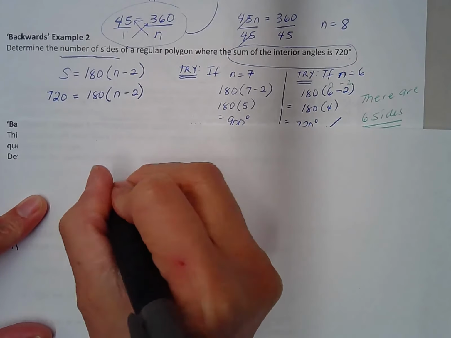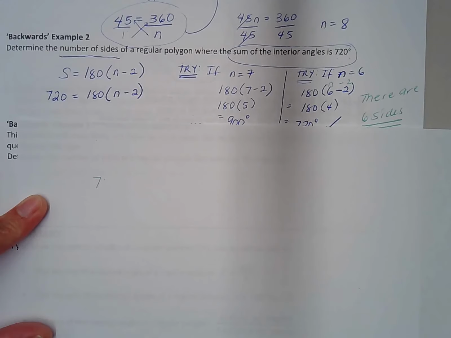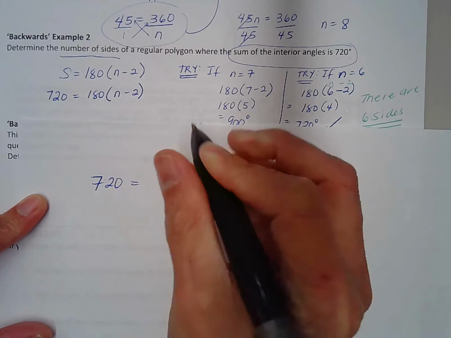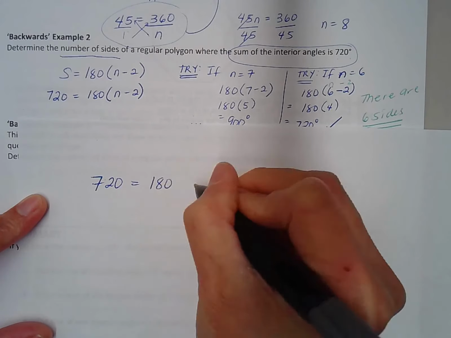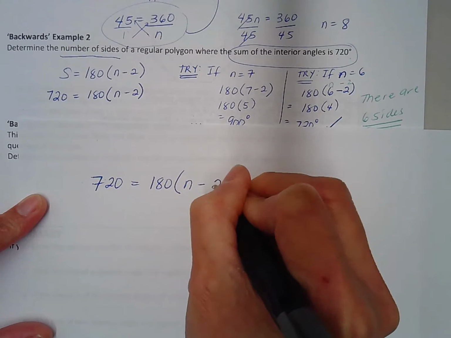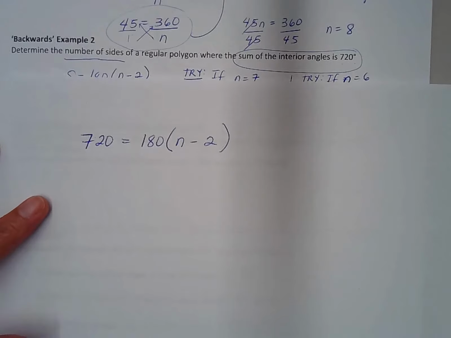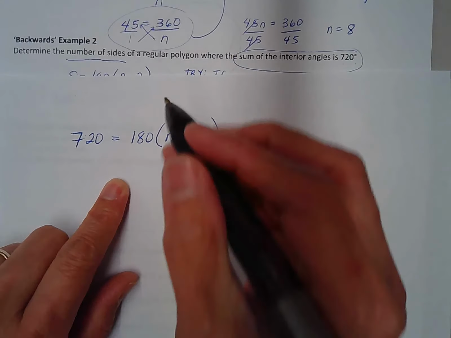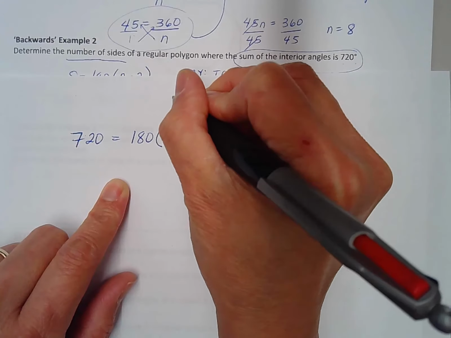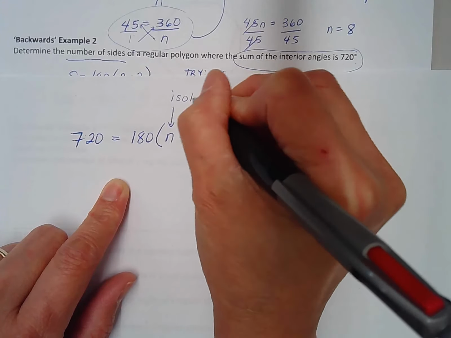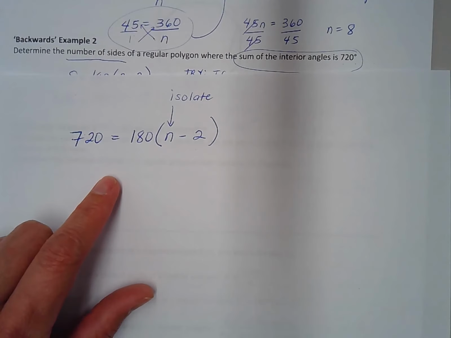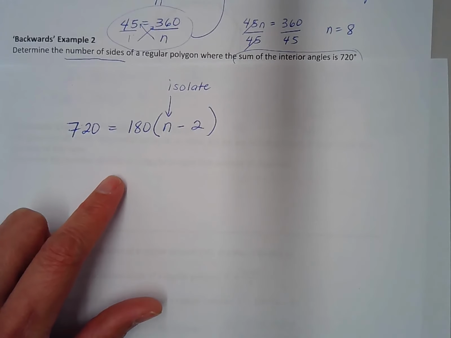We know it's 720 degrees, so 720 degrees equals 180 times n minus 2. What we're going to do is work backwards to solve for n. We want the n alone. Another word that we said, isolate. Isolate means have it alone.